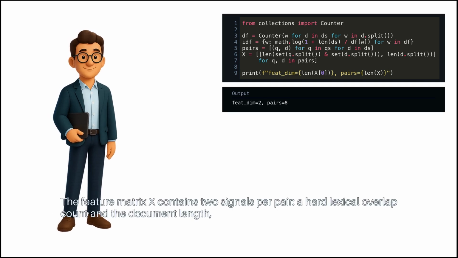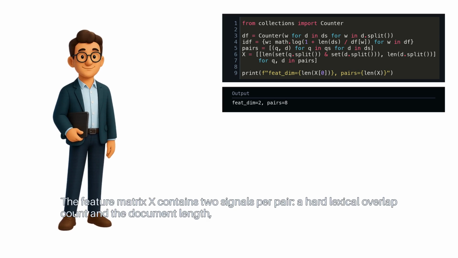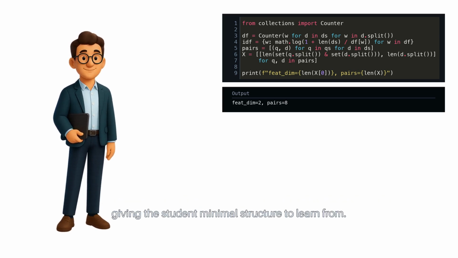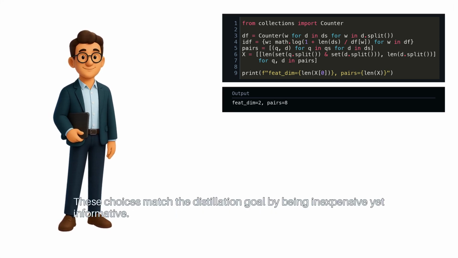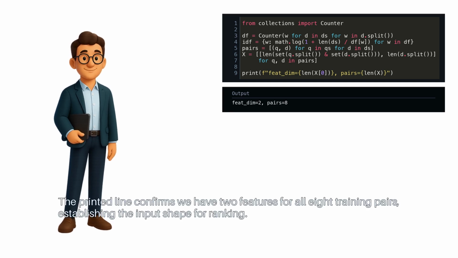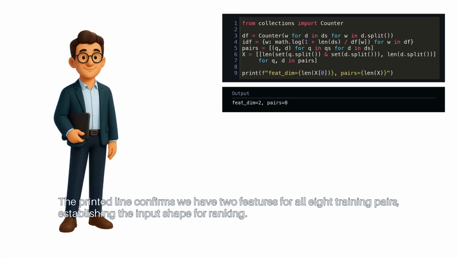The feature matrix X contains 2 signals per pair, a hard lexical overlap count and the document length, giving the student minimal structure to learn from. These choices match the distillation goal by being inexpensive yet informative. The printed line confirms we have 2 features for all 8 training pairs, establishing the input shape for ranking.